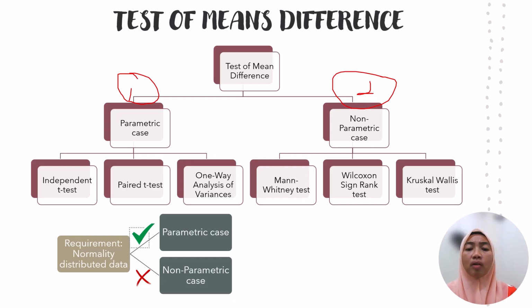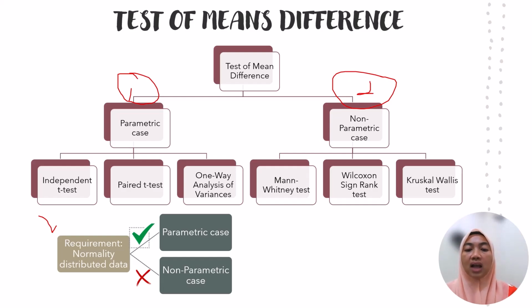Okay, so the requirement for the test of mean difference. This is the important part: the requirement for how we choose whether we want to use the parametric test or the non-parametric test. The requirement is normally distributed data, which means that your data must be normal.